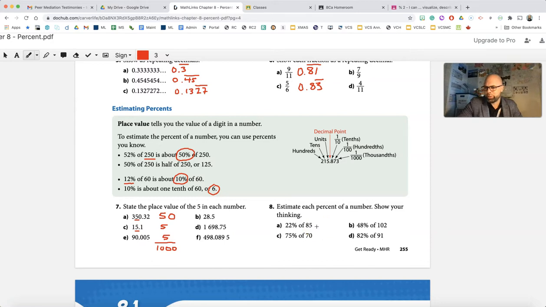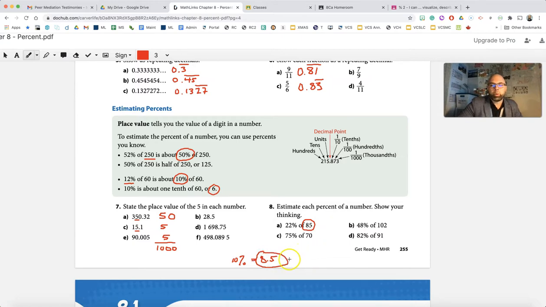So I hope I'm not losing you there. Let me show you my work over here. Take 85. I know that 10% of 85 is 8.5, right? We're just moving that decimal over 1. So 20%, if I'm estimating, is going to be twice this.